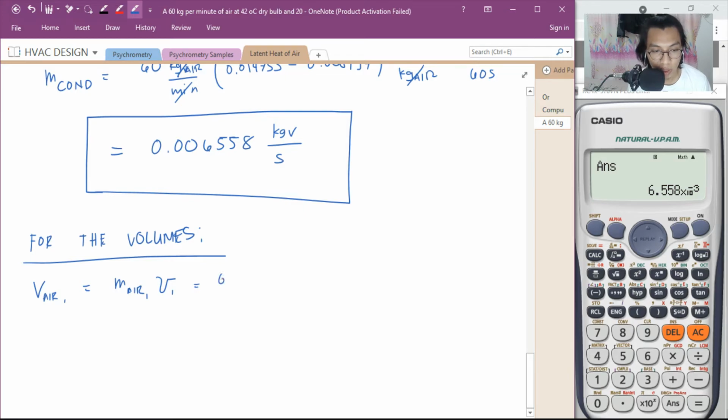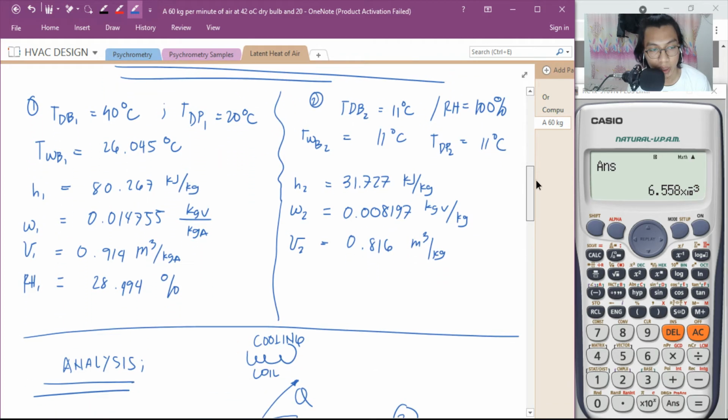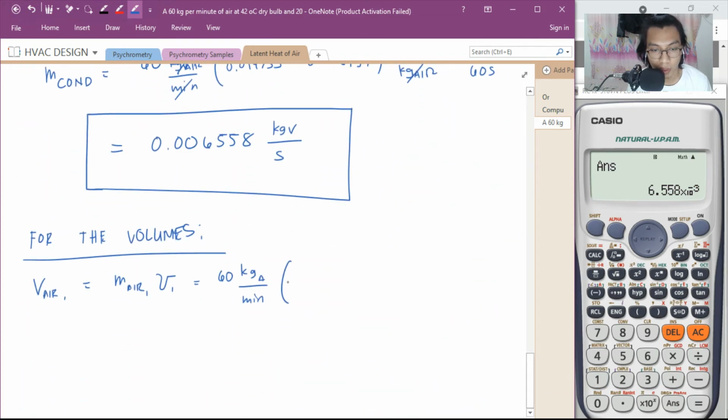So, mass ng air, 60 kilogram air per minute multiplied to yung V1, 0.914 meter cube per kilogram air. O, yung volume ni air 2, sunod-sunod ko na lang.